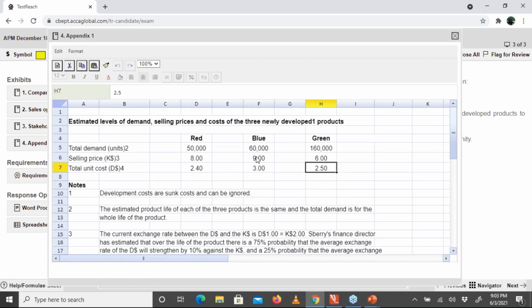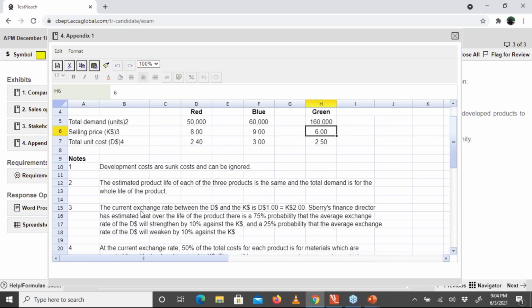You see what the different types of scenarios are that we would come across. We have a scenario where there is this total demand, the selling price, and we say the exchange rate could be 2. Asbury's finance director estimated that there is a 75% probability that the exchange rate would be 2.